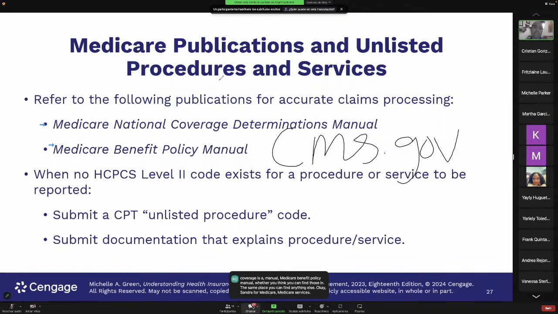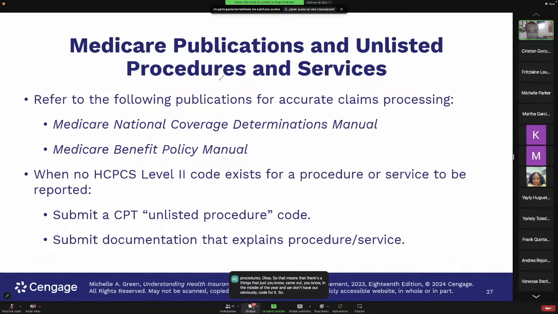I said that CPT and HCPCS level 2 both have unlisted procedures. That means there's a thing that just came out in the middle of the year, and we don't have a code for it.